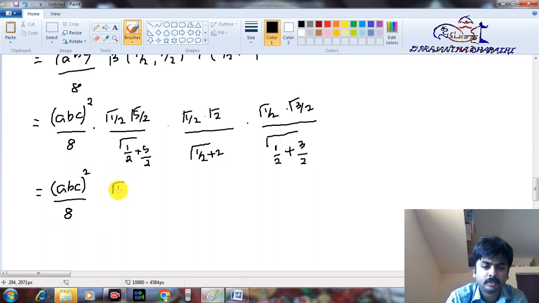Gamma 1 by 2 gamma 5 by 2 over gamma 1 by 2 plus 5 by 2, 6 by 2 is gamma 3. Okay, gamma 3 into here gamma 1 by 2 gamma 2 divided by 1 by 2 plus 2 is gamma 5 by 2.